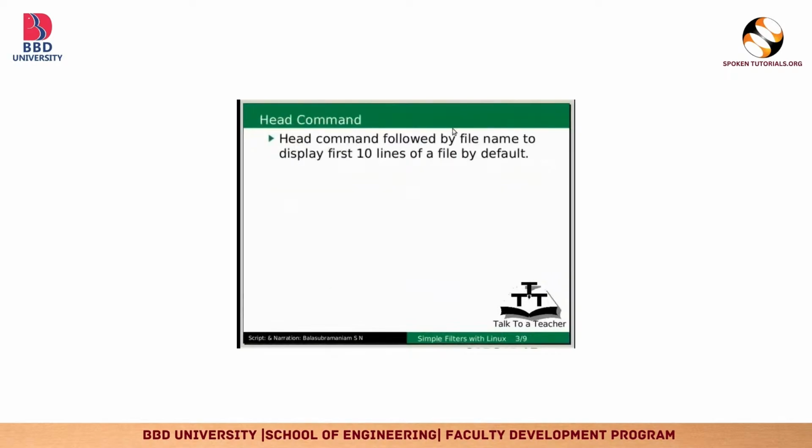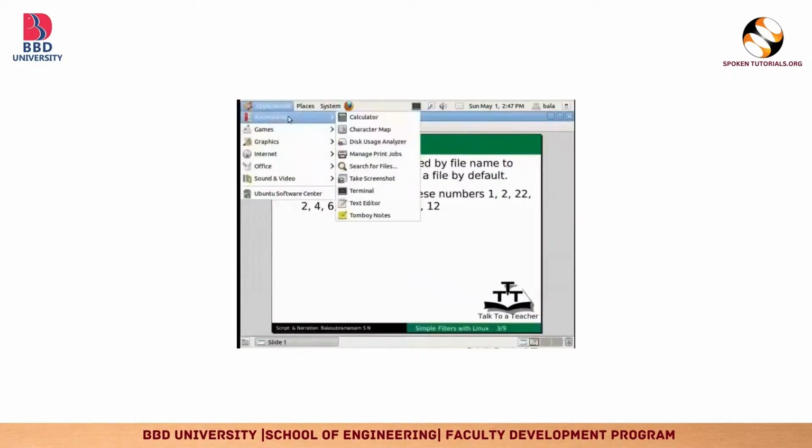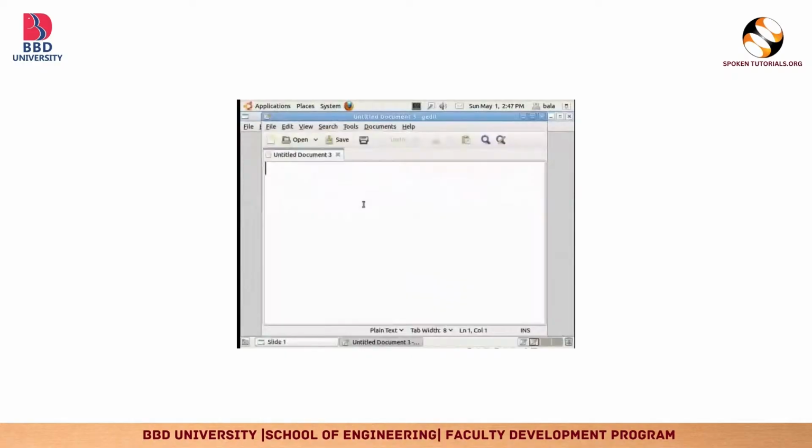We use the head command followed by an ASCII file name to display the first 10 lines of a file by default. Let us create a file. I am hitting on the escape key to show this practically. Go to Application, Accessories, Text Editor. I already have these numbers in another file.